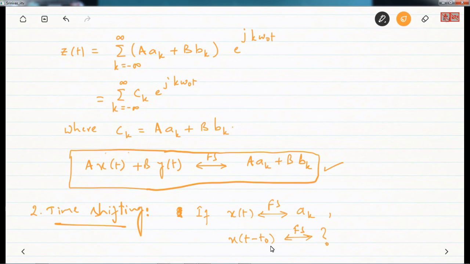This is the question we are trying to answer. We have x of t and its Fourier series coefficients are given to us, and we want to find the Fourier series coefficients of a time shifted version, x of t minus t naught. This t naught can be positive or negative, but what are its Fourier series coefficients?